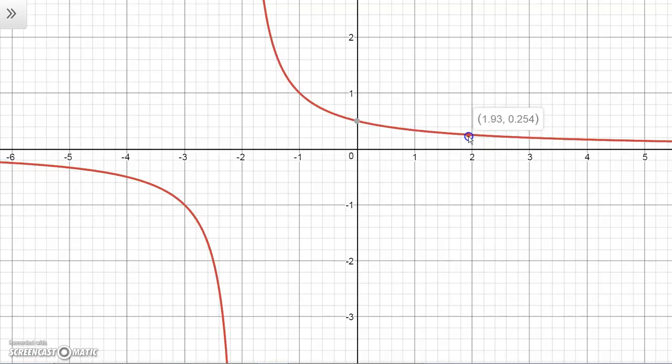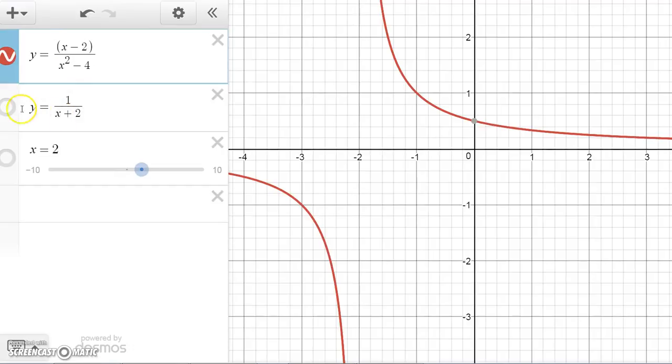But if you get close to 2 from either side, you'll see you're very close to 1/4, 0.25. What we really did was replace that function with this function, which is 1 over x plus 2. And now that function actually does have a value at 2, which is 0.25.